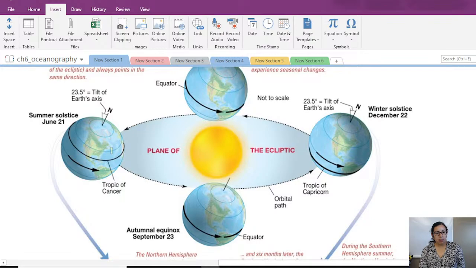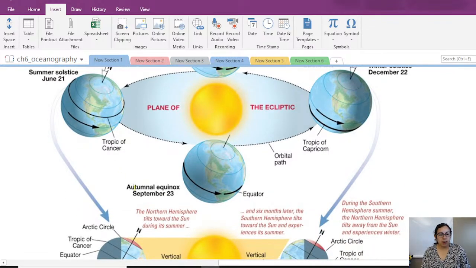Looking at the Earth's tilt, we'll look at summer, since that's where we are. We all know we're pointed more towards facing the sun right now with the tilt. So we're experiencing summer in the northern hemisphere, and of course it's winter in the southern hemisphere since they're pointed away.